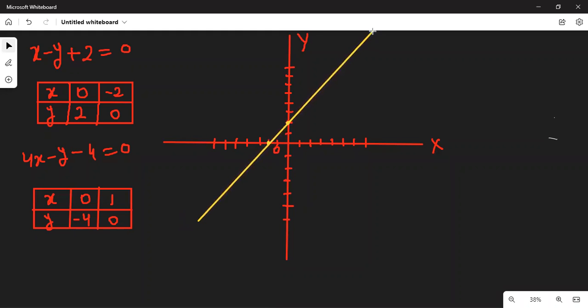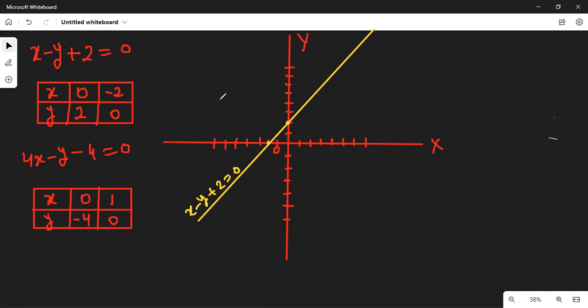The line can be represented by this yellow line, the first line, x minus y. So this equation would be x minus y plus 2 equal to 0.